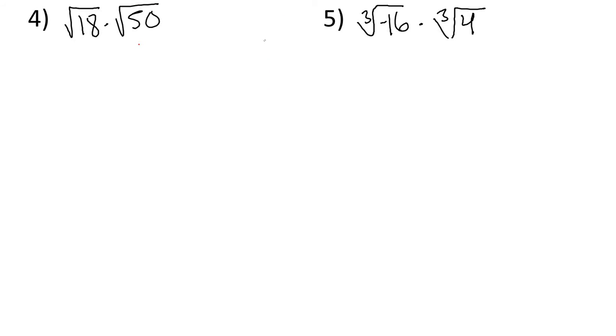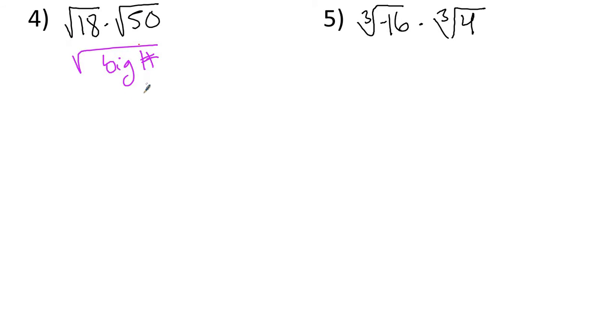A lot of times kids will simply multiply what's underneath, and they'll get some really big number. But when we simplify radicals, we did this in 6.1, we made a factor tree. So we're basically going to be breaking it down anyway.